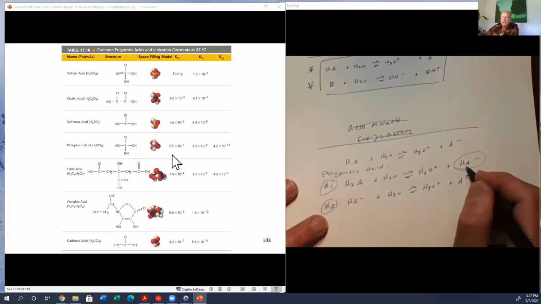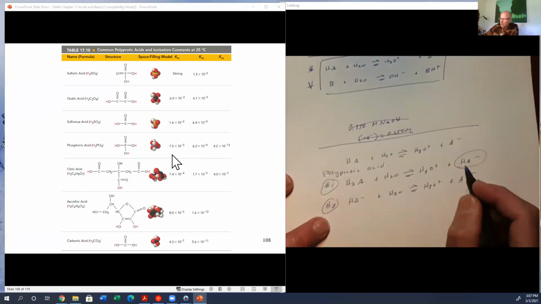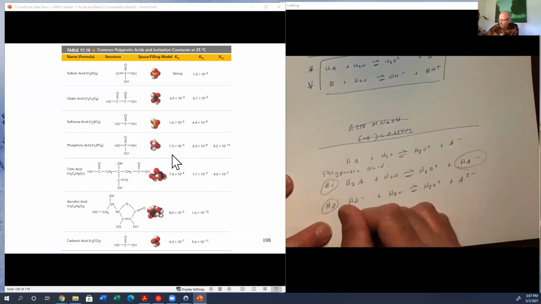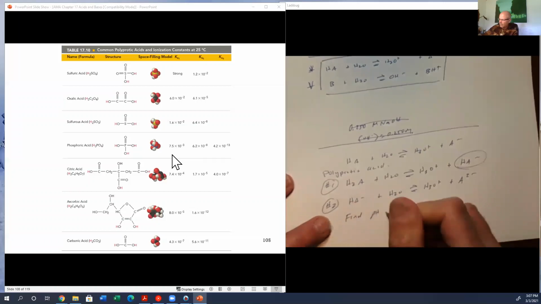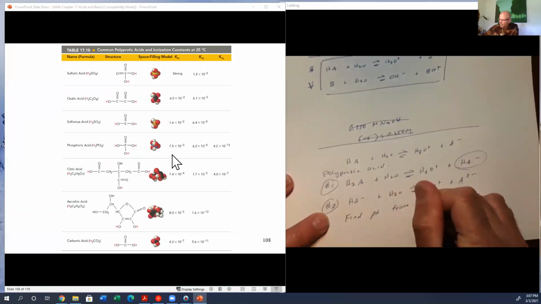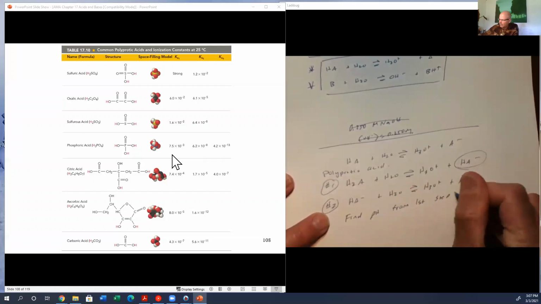Okay? And to get the pH of a solution of a polyprotic acid, except for H2SO4, you use the first step only.